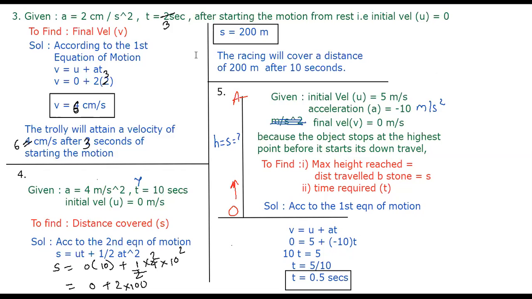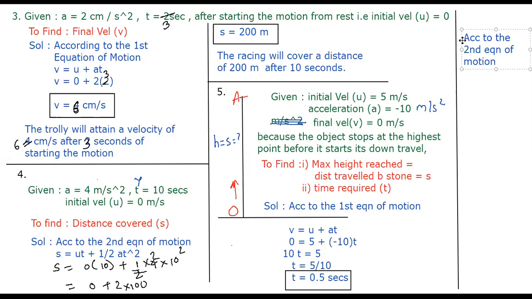But let me draw a line. According to the second equation of motion, s is equal to ut plus half a t square.